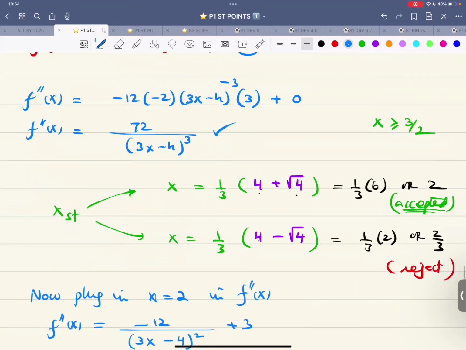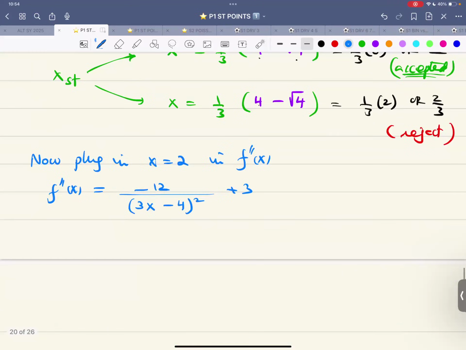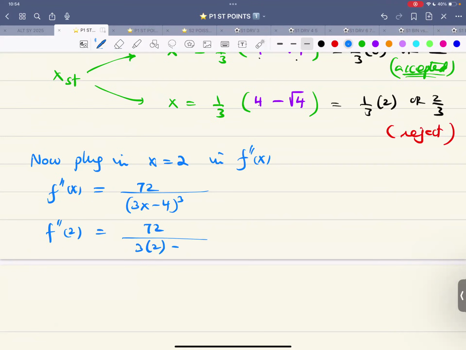This is 72, my bad. 72 over (3x minus 4) whole cubed. Now plugging into f double prime of 2, that is 72, 3 into 2 is 6, 6 minus 4 is 2, 2 cubed is 8. This is positive. Therefore, this is a minimum.